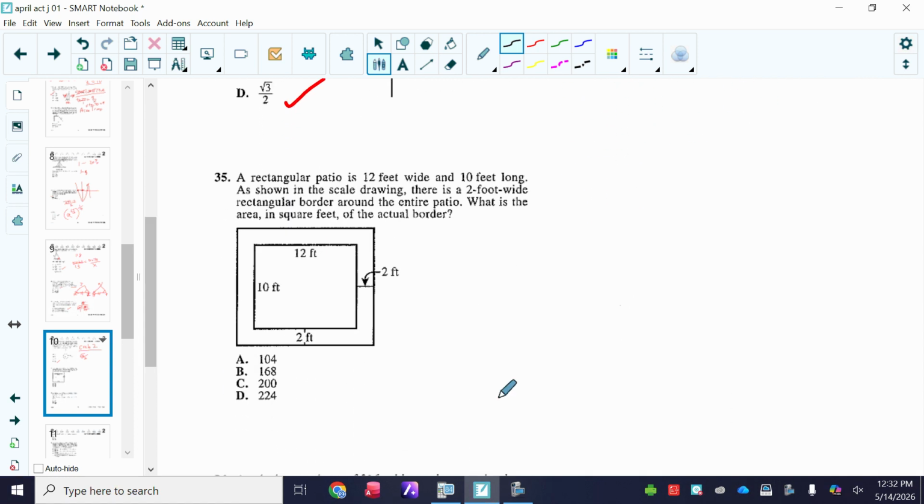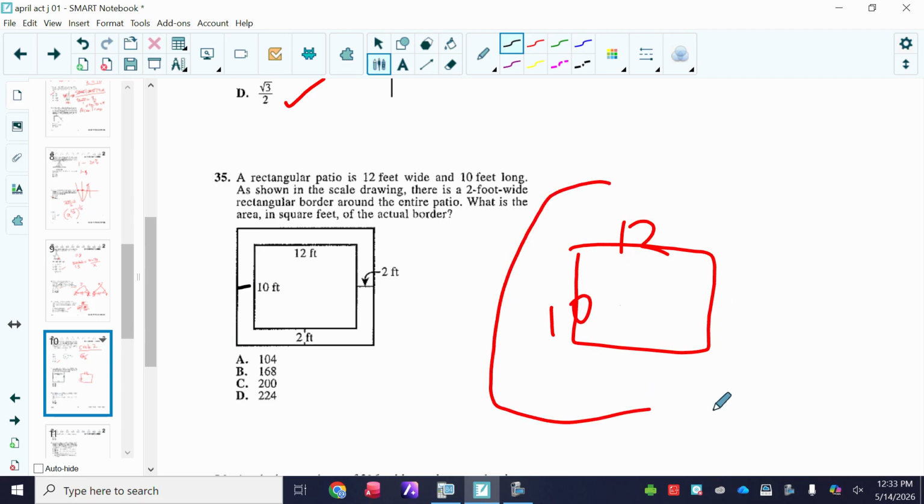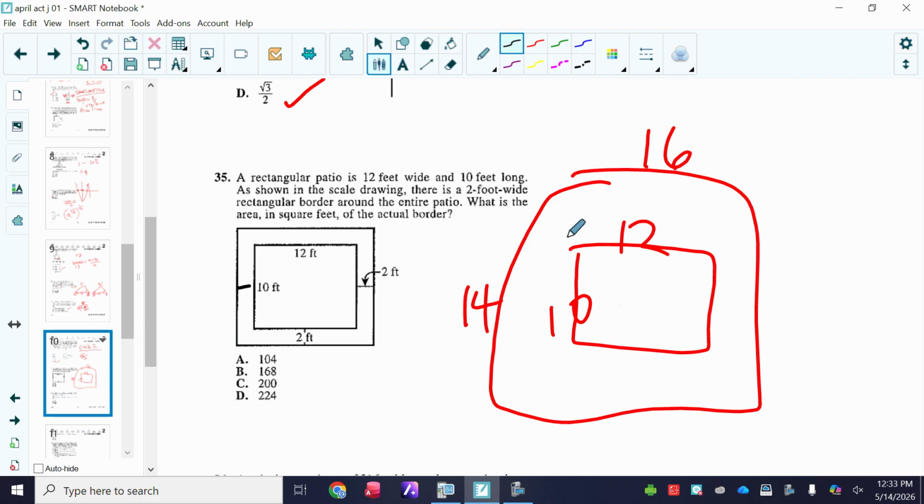This is a classic. When you make a 2-foot border, it's really 4 feet because it's 2 on both sides. So the inner rectangle is 12 and 10, and the other is 16 by 14. So the area in between them is the big rectangle minus the little rectangle.